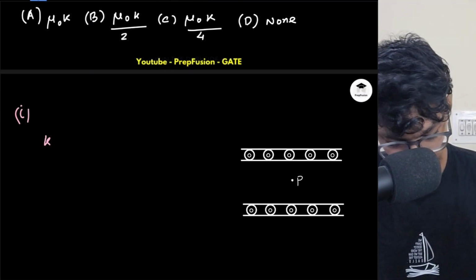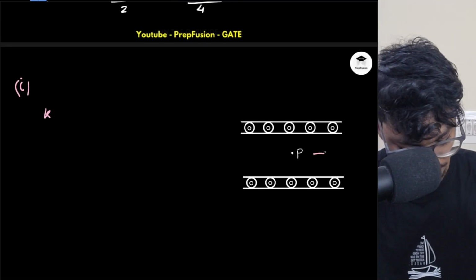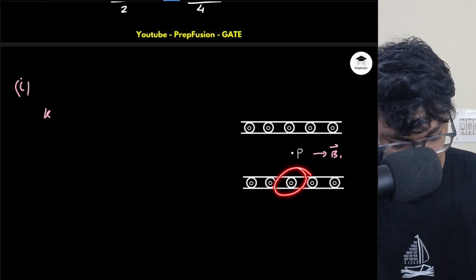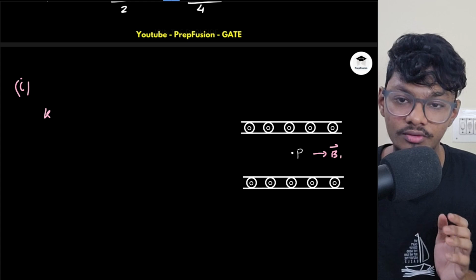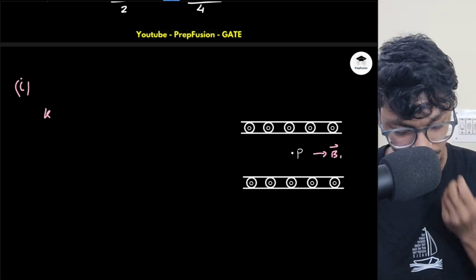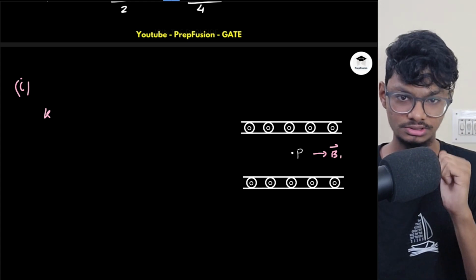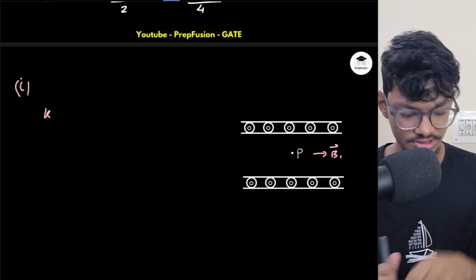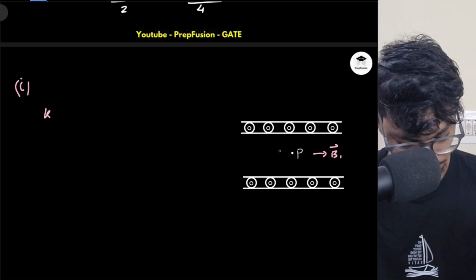So due to the top one, the magnetic field is on the right hand side. And due to the bottom one, where is the magnetic field? If I place my thumb along the direction of the current and curl my fingers, it is along this direction, left.